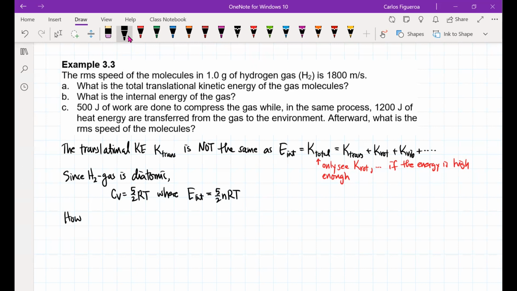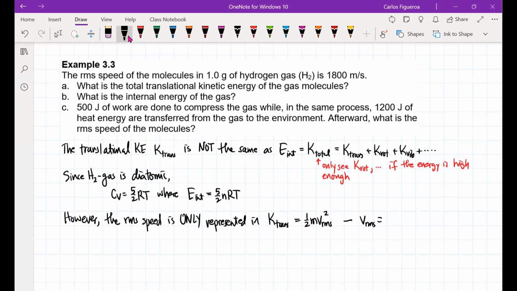However, the RMS speed is only represented in K translational, which of course is equal to 1/2 m v RMS squared. And in this case, because we're talking about hydrogen gas, they tell us that v RMS is 1800 meters per second.